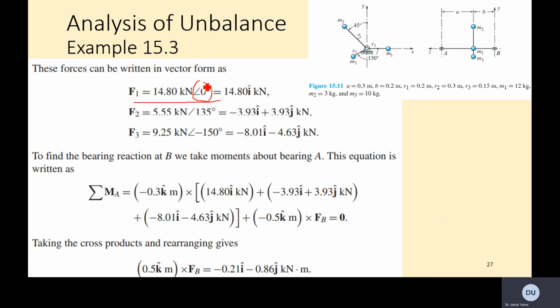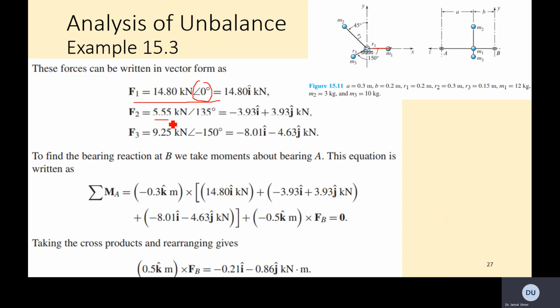Now you see in this example, the reference axis is chosen as a positive x-axis. So you see this part, this is along the x-axis, which has zero angle, right? So it's really up to you which axis you choose. Here last time positive y axis was chosen, but this time it is positive x axis.